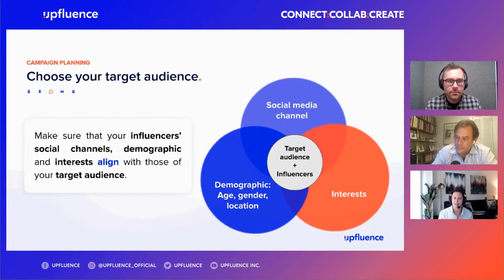Once you understand that, then you can find the right influencers to get you in front of those people. And of course, you have to have a system to do that, understanding their age, their gender, their location, which social media channels they tend to prefer. These are all important parts of your plan when you're developing your influencer strategy. And then the interest piece, right?